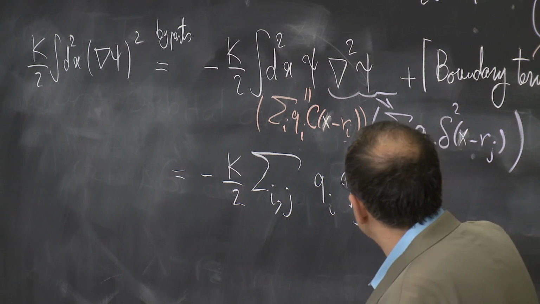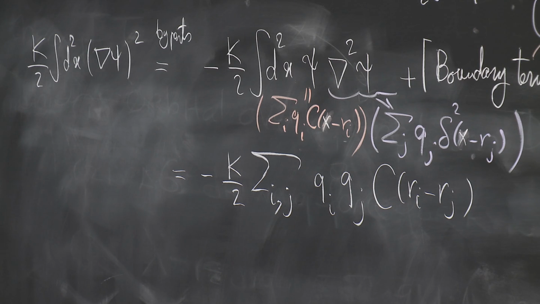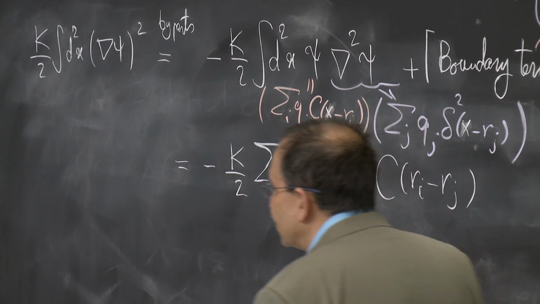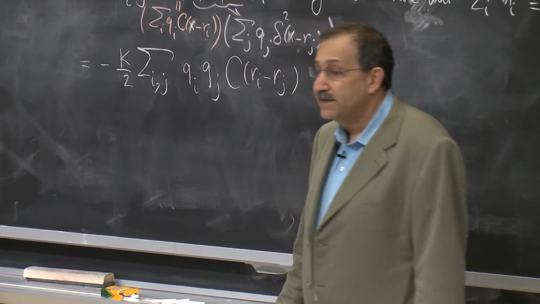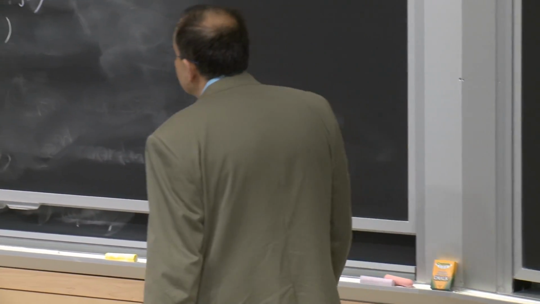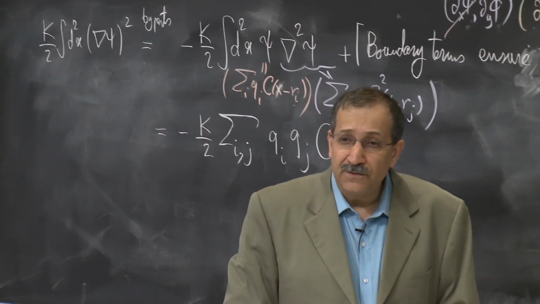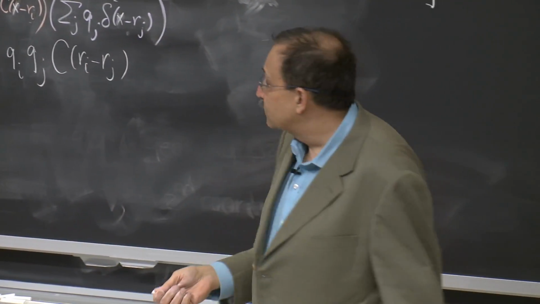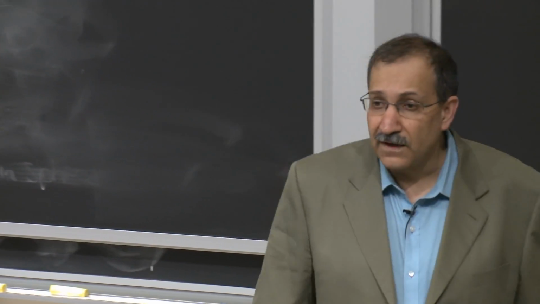So I will get the Coulomb interaction between ri minus rj. So basically what you have is that these topological defects that are characterized by these integers n or by the charges 2 pi n have exactly this logarithmic Coulomb interaction in 2 dimensions. And as I said, this thing is none other than the electrostatic energy. The electrostatic energy you can write either as an integral of the electric field squared, or you can write as the interaction among the charges that give rise to that electric field.